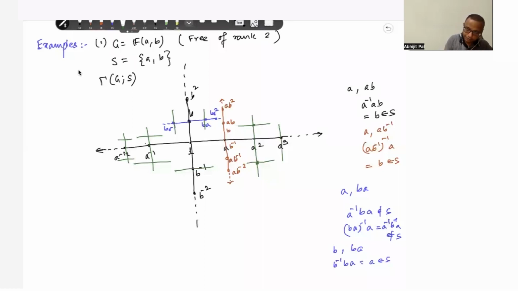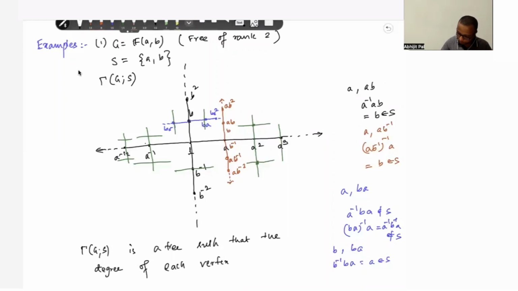Okay, so what is this Cayley graph? This Cayley graph, gamma G S, is a tree such that the degree of each vertex is equal to 4.